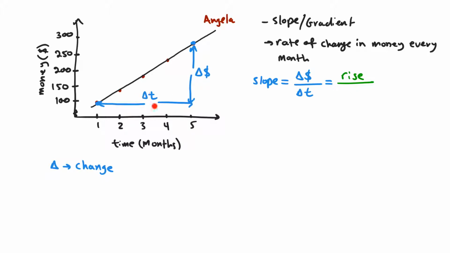And this value over here is the amount that you run. From here to here, you're running this much. So this is the horizontal movement, which we call run, and the vertical movement, which we call rise. So an easier way to remember the definition of slope is rise over run.